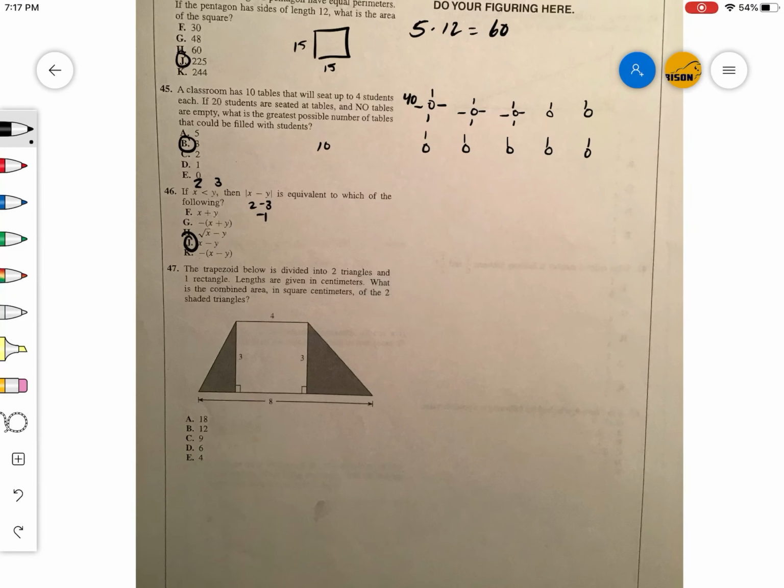All right, 47. Sorry about that. The trapezoid below is divided into 2 triangles and 1 rectangle. Lengths are given in centimeters. What is the combined area in square centimeters of the 2 shaded triangles?